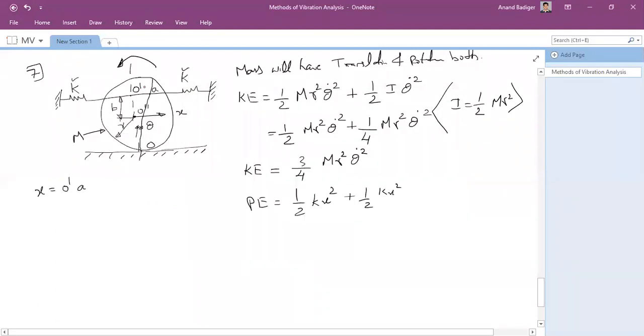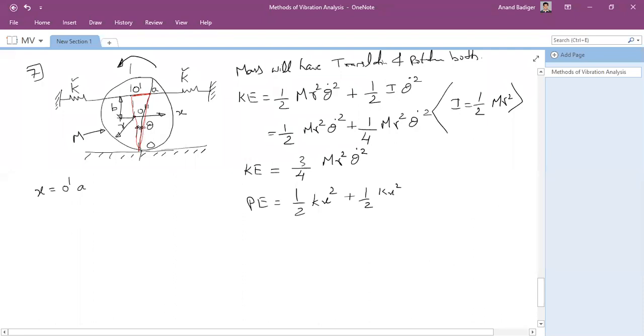Okay, so this particular line, what I have drawn here, this is the translation displacement it is going to get from these two springs, O dash A. So I need to find out what is this O dash A. For that, I'm going to consider this particular triangle, which I'm highlighting in the red color over here.